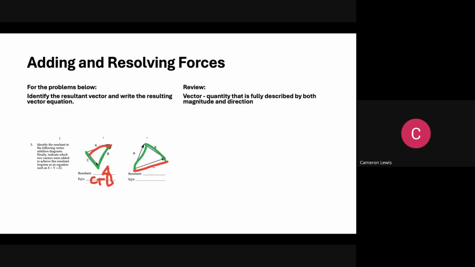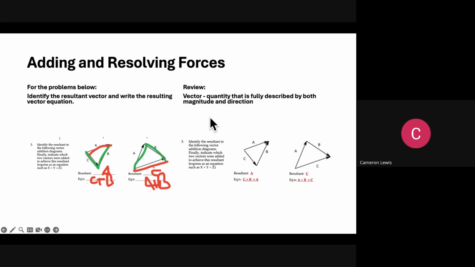I go A, I go up, and from end to end, then I go to B. Yes, it's C. So C would be my resultant, and then my equation would be A plus B equals C. Is that what we got? All right, now that was just review. We went over that. That was all unit 3.